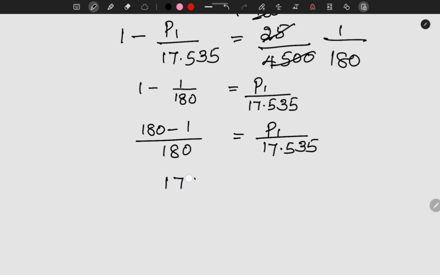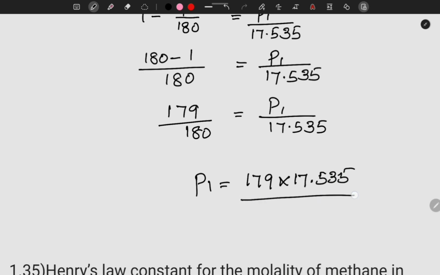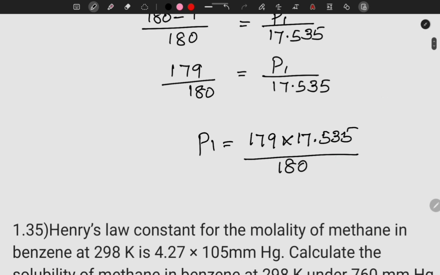That is 179 by 180 is equal to P1 by 17.535. Therefore, P1 is equal to 179 into 17.535 divided by 180. So that will be equal to 17.44 millimeter mercury.